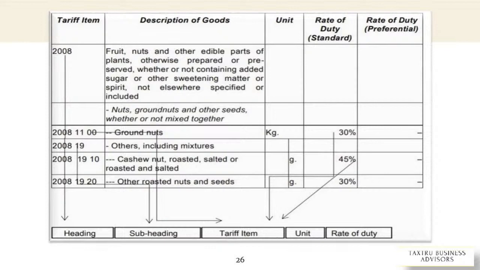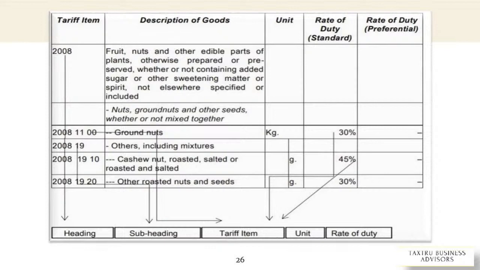Now you see under the same heading there will be different rates. So now you see the importance of heading and subheading. Now there is a heading of 2008 19 which speaks about other, including mixtures. If you see the subheading of 2008 1910, it speaks about cashew nuts, roasted, salted.